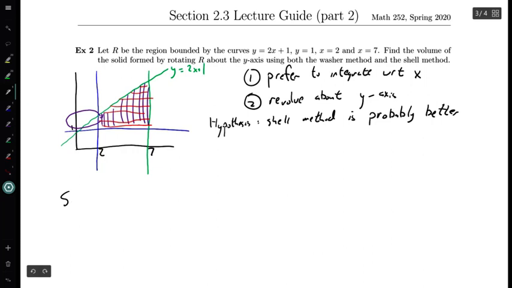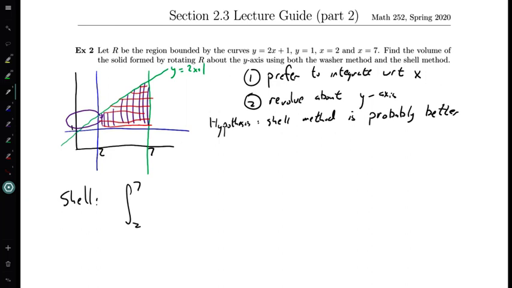So let's think about the shell method first. The shell method is going to say take one of these vertical lines and revolve it about the axis to form a shell. So we're integrating with respect to x here. The left endpoint of my region is x equals 2, and the right endpoint is x equals 7. In order to find out what the integrand should be, I want to think about what the surface area of one of these shells is.